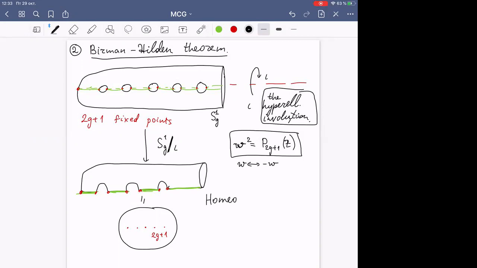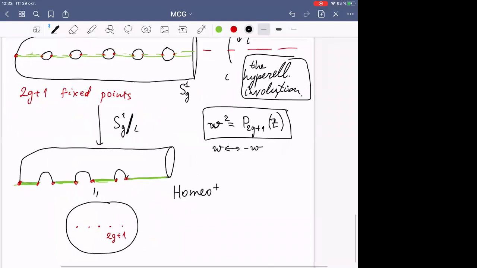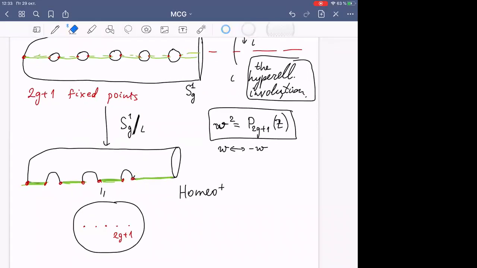I always consider homeomorphisms trivial on the boundary. So I do not need to care about orientation. Any homeomorphism which is trivial on the boundary necessarily preserves the orientation.